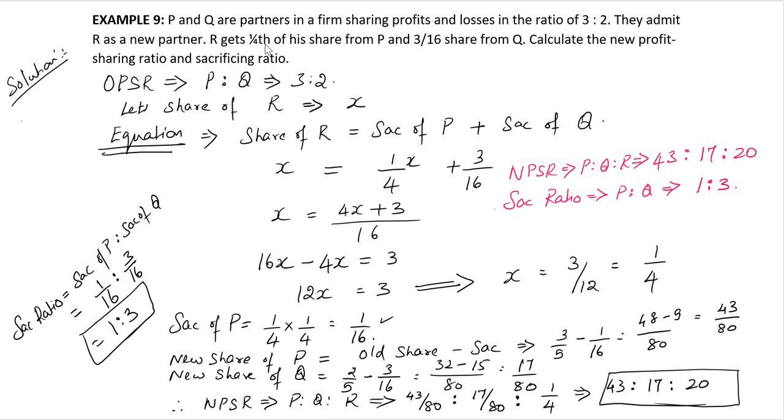So in this sum, we have to assume that the new partner's share, that is R's share, is X or any other variable. Let's go to the next problem.